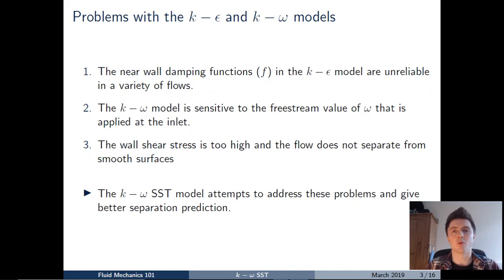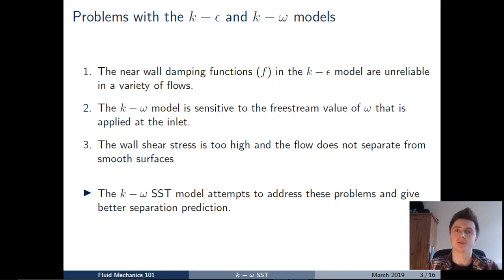So to start out with the background for the K-omega SST model, it's important to remember that historically the K-epsilon and K-omega models were developed first, and the K-omega SST model was developed as an improvement on these original models.